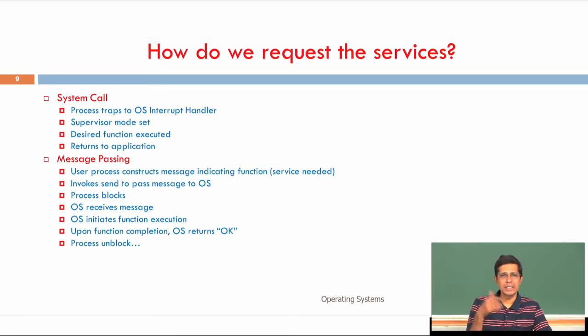The OS receives the message from this block, executes some functions, and after the function is completed, returns a message. Now, the process which is blocked gets unblocked and starts executing. So, this is another way of getting a service done from the operating system. One is called message passing, another is called system calls.